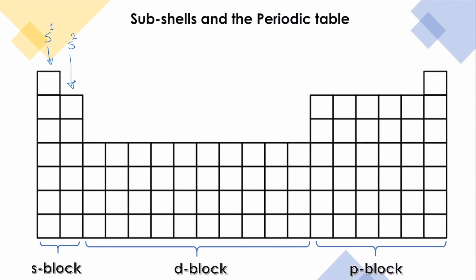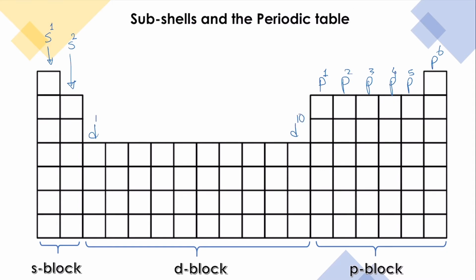What about the P block? We already know that P can take up to 6. For that reason, this group here is P1, P2, P3, 4, 5, and 6. Same for D. Here we have D1 until D10.